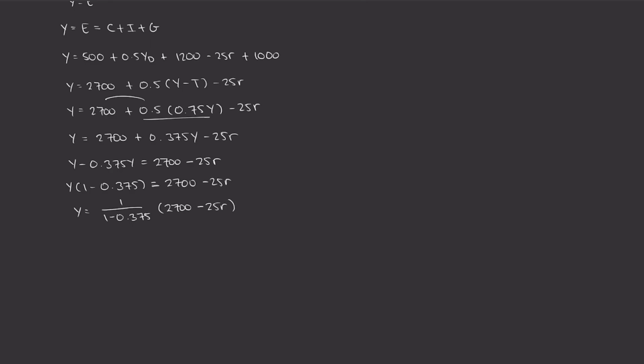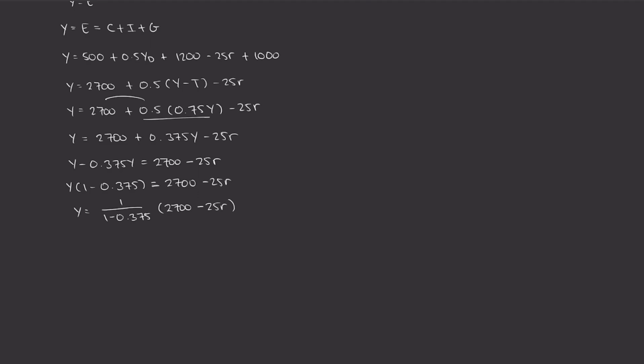Here we have our endogenous part and our exogenous part. The reason why we write 1 over 1 minus 0.375 and then multiply by this part is to show that the multiplier is 1 over something, and then we have this part which isn't affected by income, if that makes sense, which is why we don't just put it as a normal fraction.